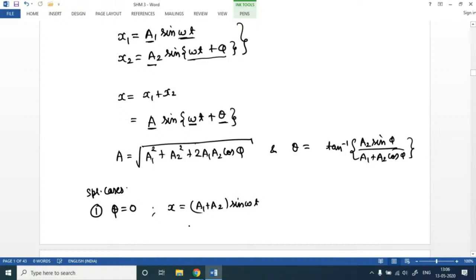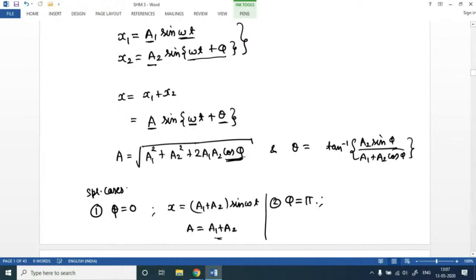The resultant amplitude A is going to be simply a1 plus a2 according to that relationship also, because phi is 0, so cos phi will be equal to 1. So this term is nothing but the square root of a1 plus a2 whole square, which is simply a1 plus a2.